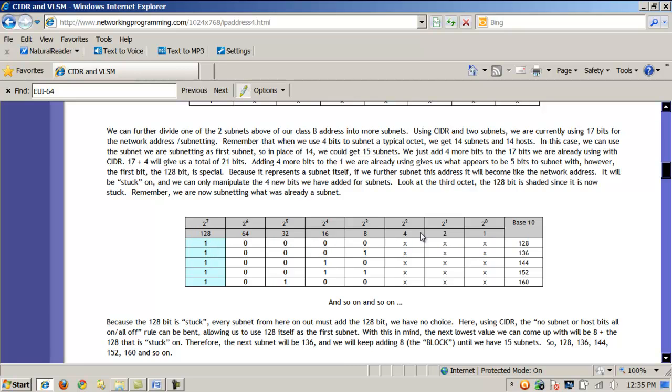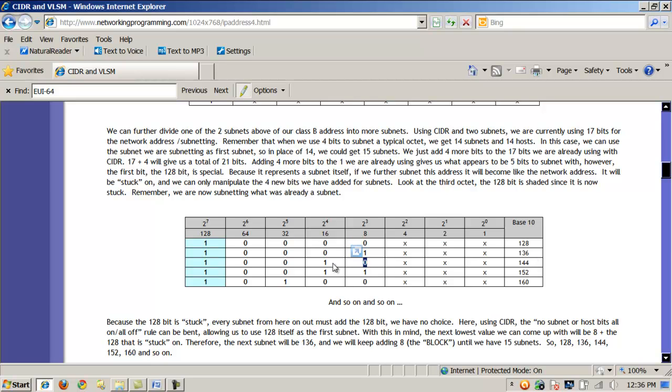Let's look at the very first one here. So 128 bits turned on, and that's going to be my very first subnet of my subnet. So what's the next possible value? If I decide to subnet on 4 bits, then this becomes the first subnet, and then I add another 4 bits, so a total of 5, and that becomes the subnets in my subnet that will eventually be a subnet of my network. So the next lowest value I can come up with is if I turn the 8-bit on, and that gives me 136.